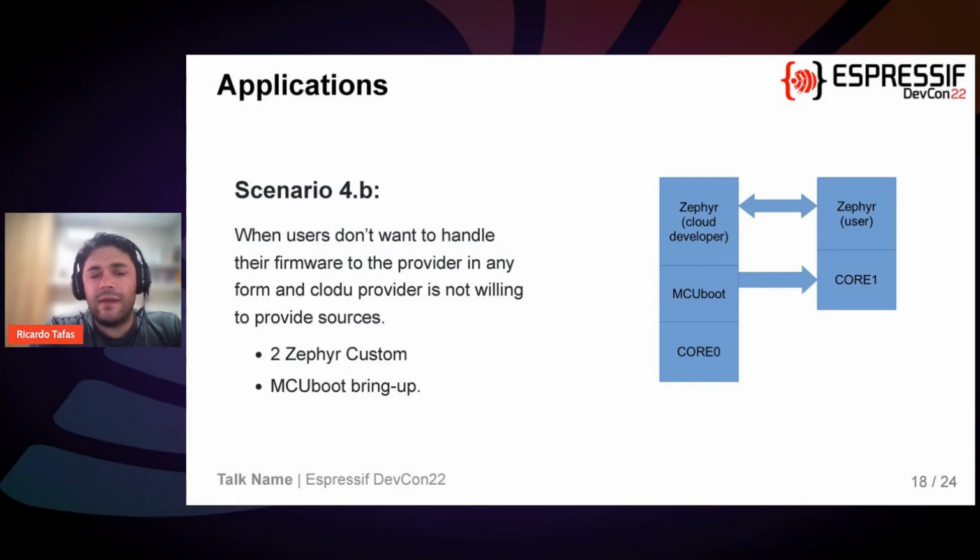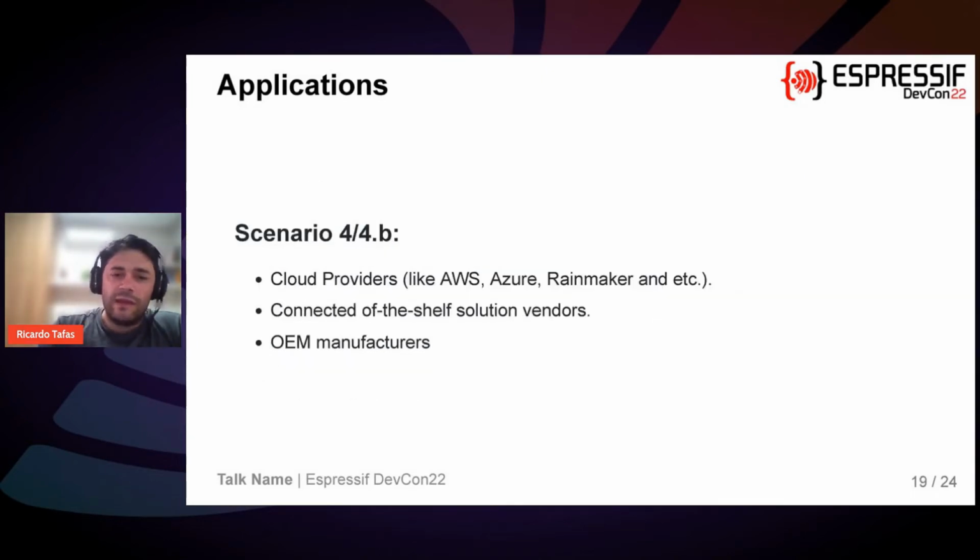So in this case, or even in the other case, the application is that cloud providers can provide a pre-built image that won't change, that will be guaranteed to be connected, provided that the user won't be changing or dealing with or building the provided firmware.